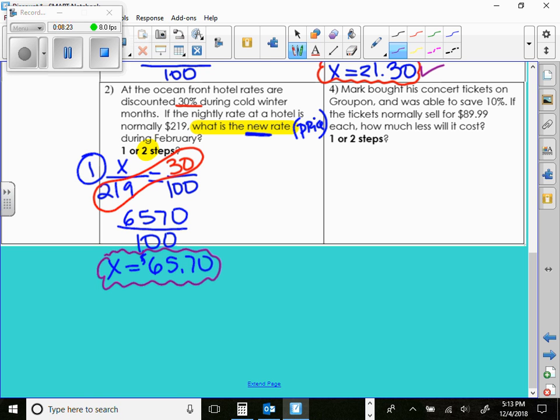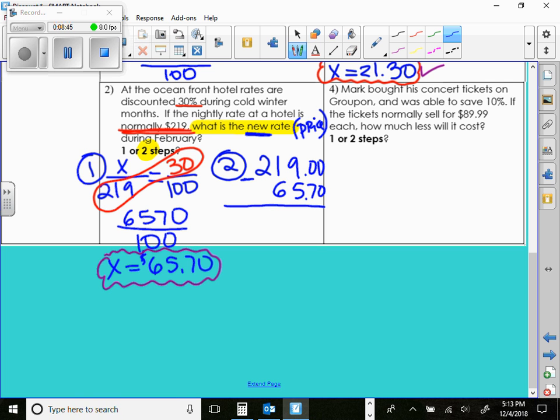Now to find out what the new rate is, I would need to take 219, my original price, and subtract 65.70 from it.